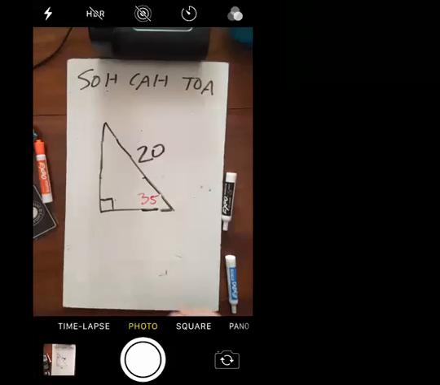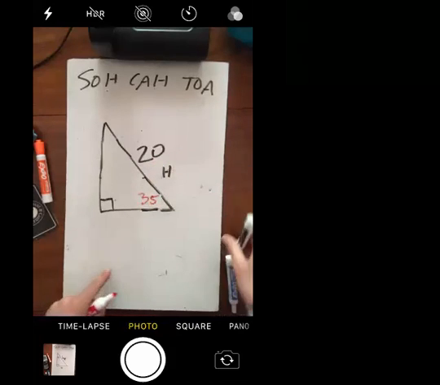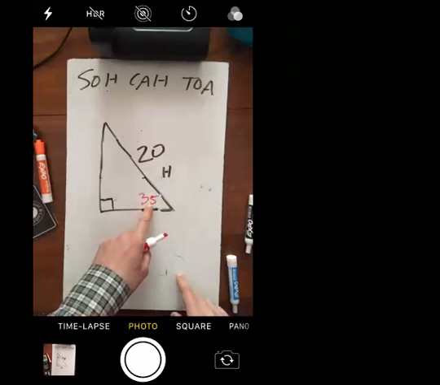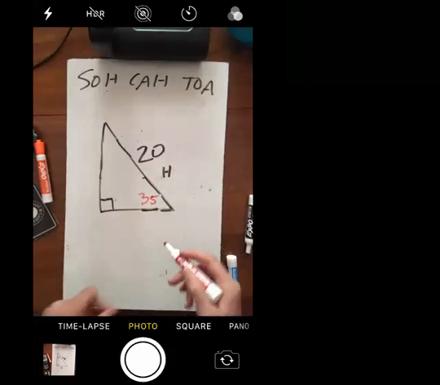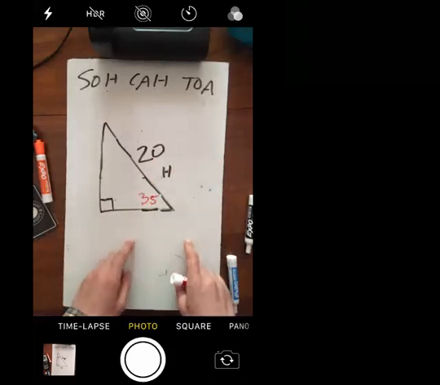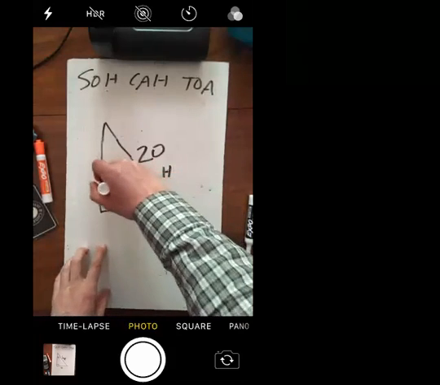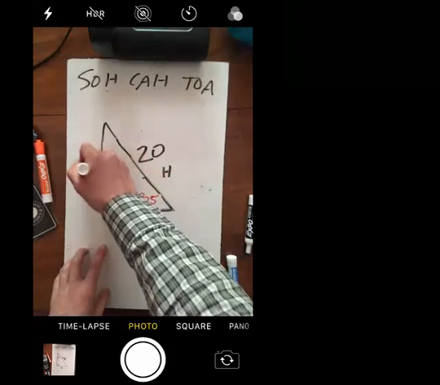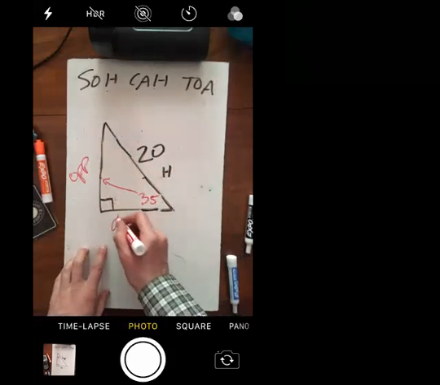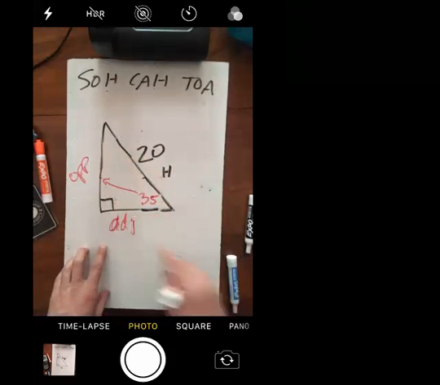So we have a new triangle with a new side length for the hypotenuse and a new angle measure, 35 degrees for this angle. So to label the sides of the triangle from the perspective of this angle, then the opposite is across the triangle. And the adjacent is here next to the angle, but it's on a leg.